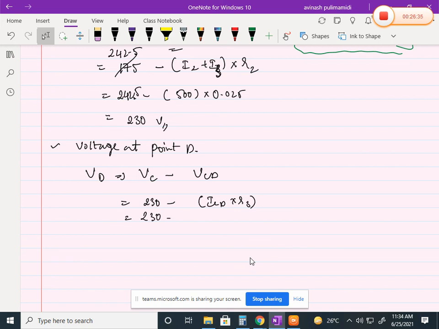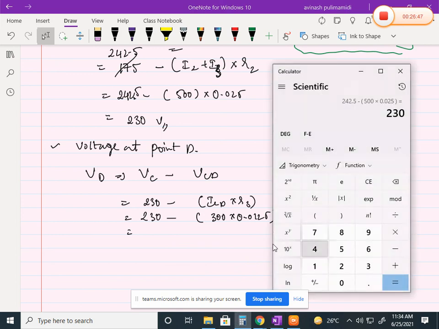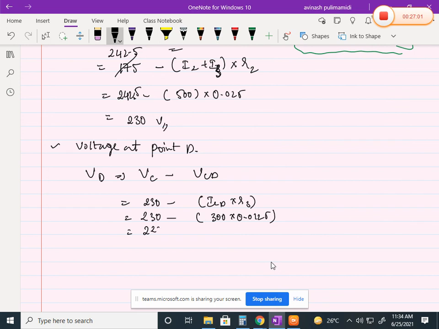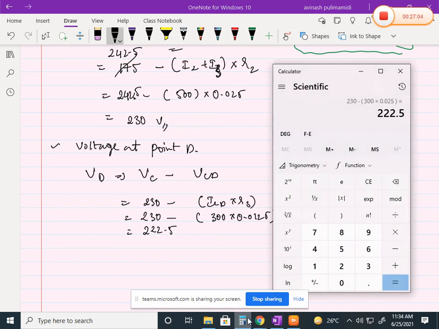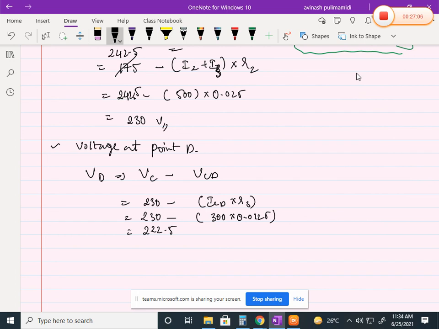What is the value of ICD? It's just 300 into the value of this one, 0.025. 230 minus 300 into 0.025. Here it is 222.5. Okay, hope you understood.